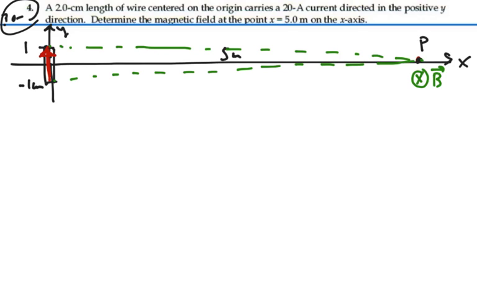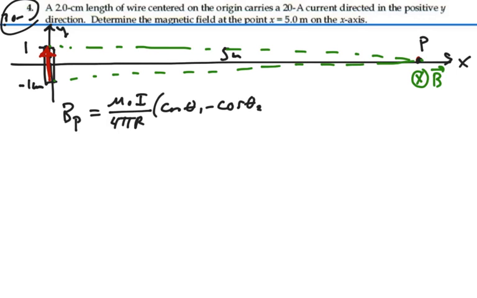Alright, based on the Biot-Savart law, the magnetic field at P should be equal to mu naught I over 4 pi r times (cosine theta 1 minus cosine theta 2). In this case, mu naught is 4 pi times 10 to the minus 7.